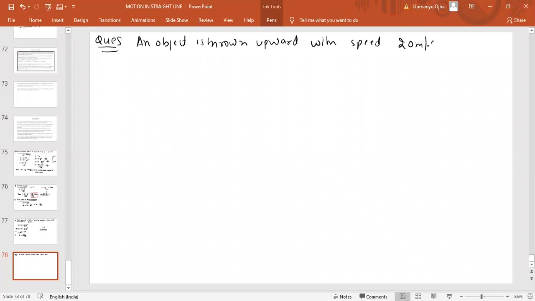Find out the time at which the object crosses 15 meters.